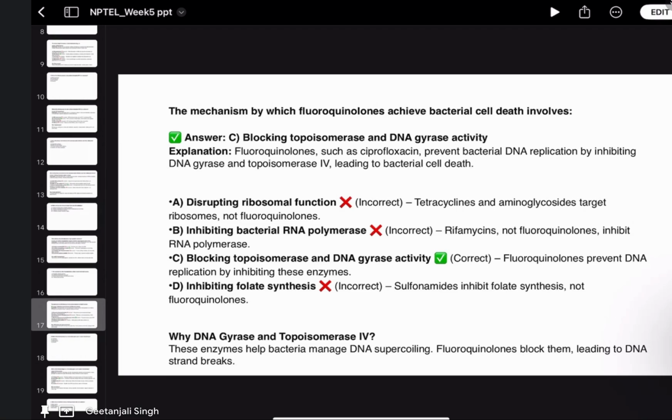Its target is not the ribosome or any ribosomal function; that's a class of antibiotics called tetracyclines. They target ribosomes, while DNA gyrase and topoisomerase 4 are the main targets of fluoroquinolones.